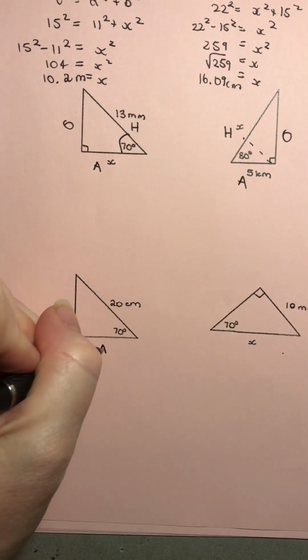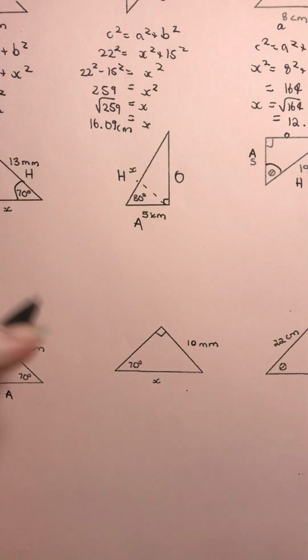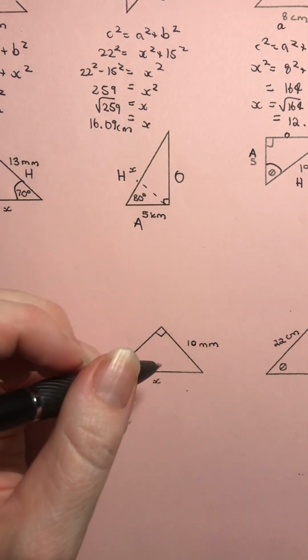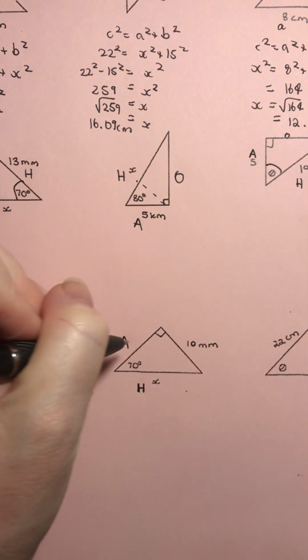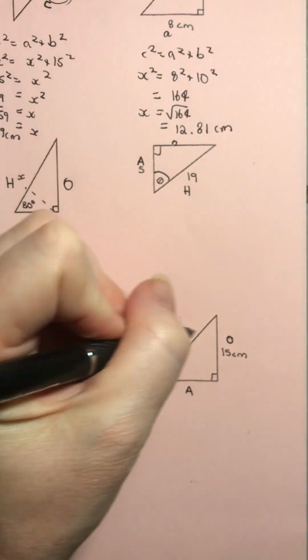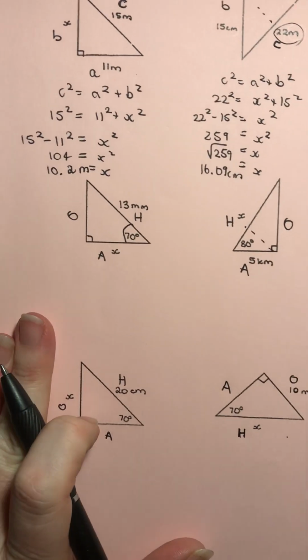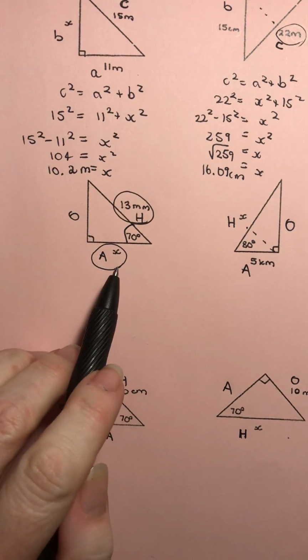Down the bottom here I've got adjacent, hypotenuse, opposite. This one tricks out some students because it's a little bit upside down. Here's my H on the X, my adjacent here, opposite, and then the last one I've got my adjacent, opposite, hypotenuse.